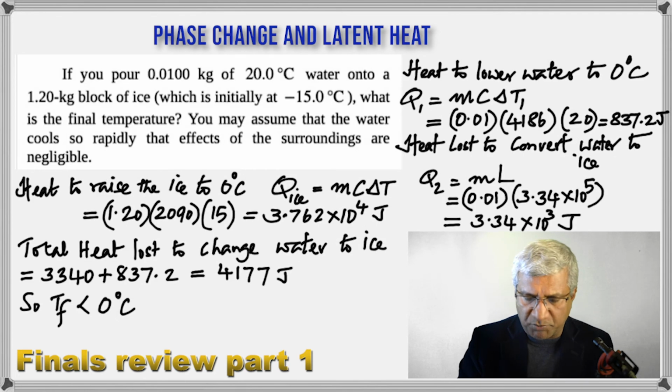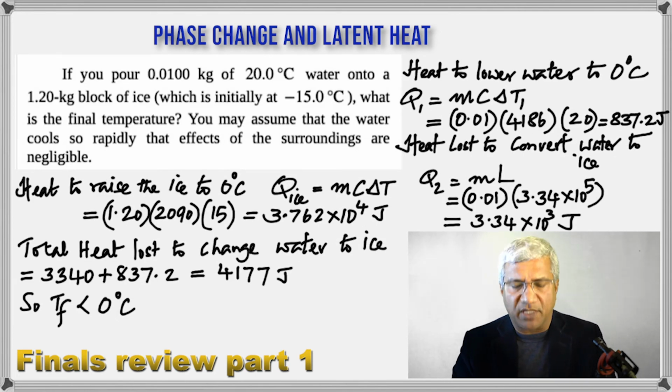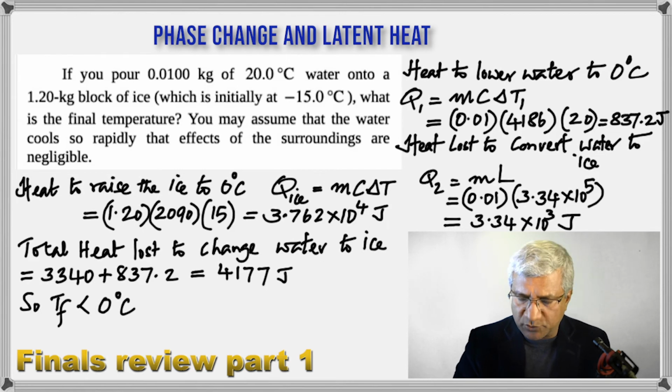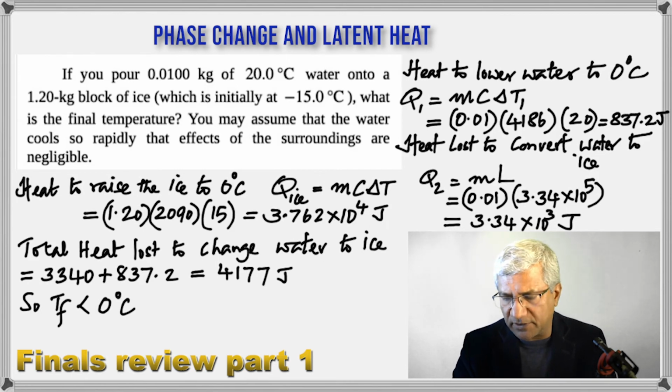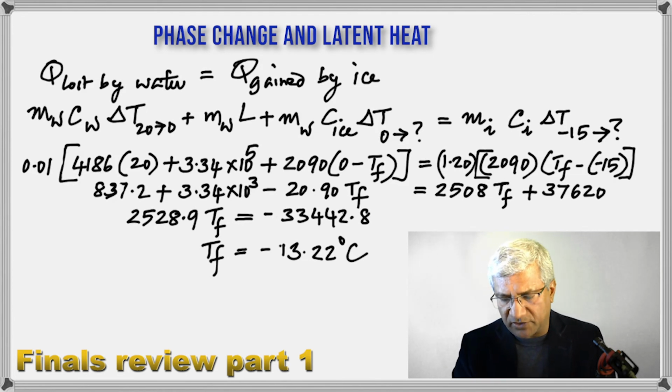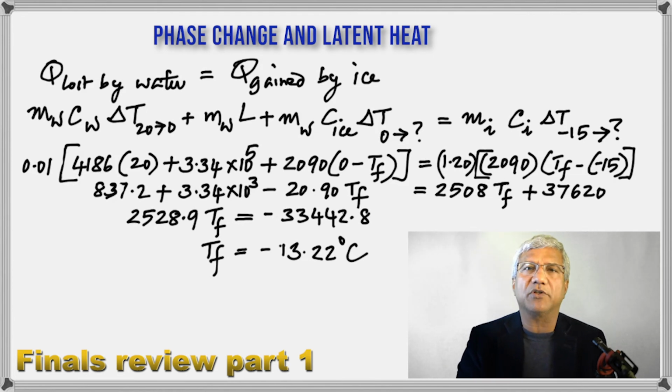So you may be thinking, why did I do it in two parts? I did this part just to show you that the entire block of ice could not be heated from negative 15 to 0. I tried to show that you need a lot more heat than is available. That's why I did that first part. And then I found that the final temperature is going to be negative 13.22 degrees Celsius.